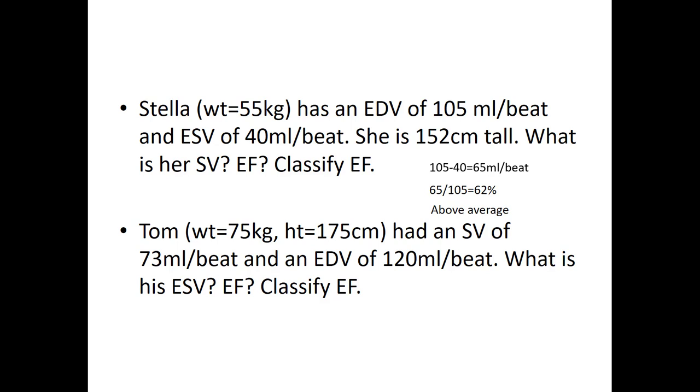So next one. Please pause this video, answer, and watch again. Yes, so the stroke volume is 73 and EDV is 120. So how can we calculate ESV? 120 minus the unknown equals 73, so it is 47 milliliters.